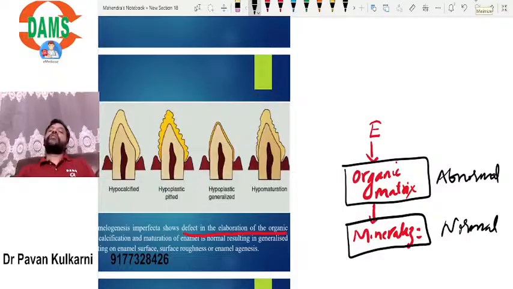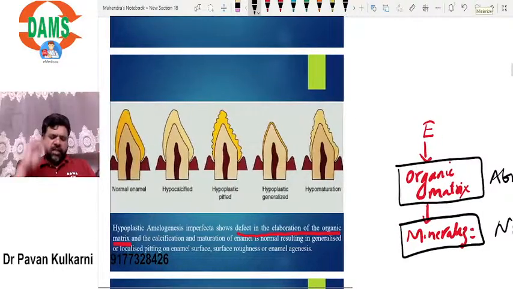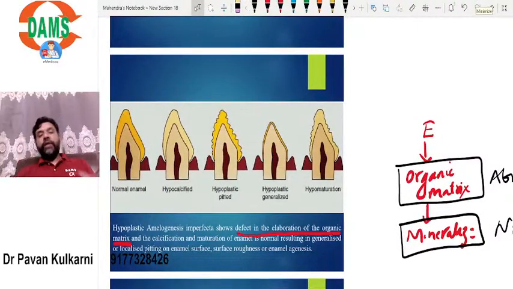So in the hypoplastic type, the organic matrix production is abnormal, however the mineralization or calcification process is normal. Because of this, it results in generalized pitting, and because of that pitting, you will see surface roughness.